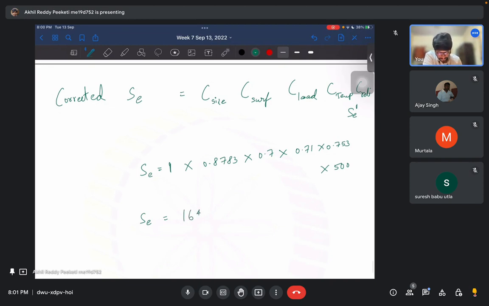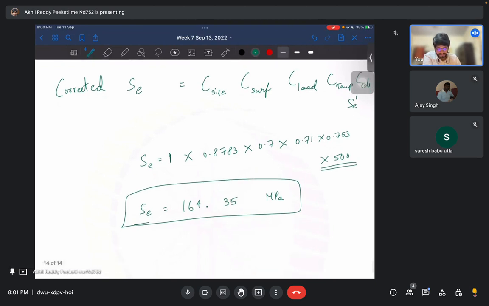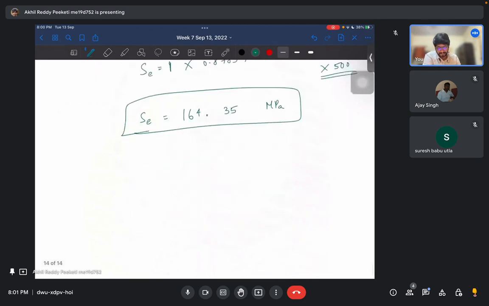So 164.35 MPa. You see, previously without all these correction factors, it was actually 500 MPa. Now because of all these correction factors, the endurance limit has dropped down to just 164 MPa.